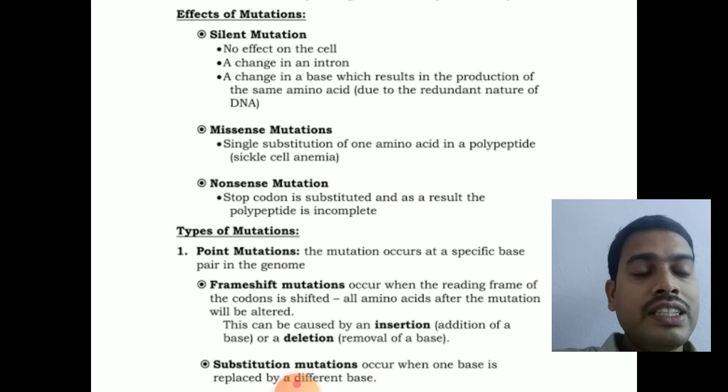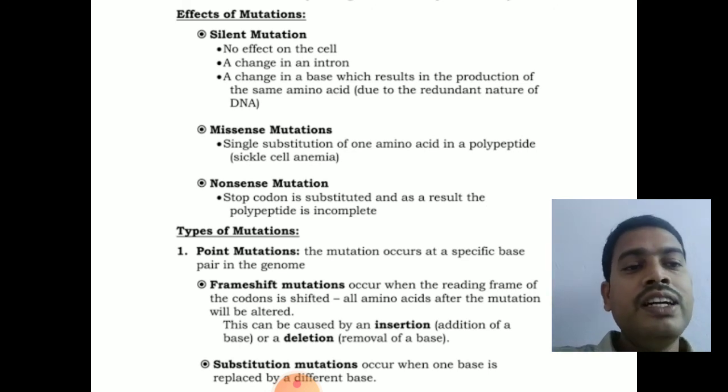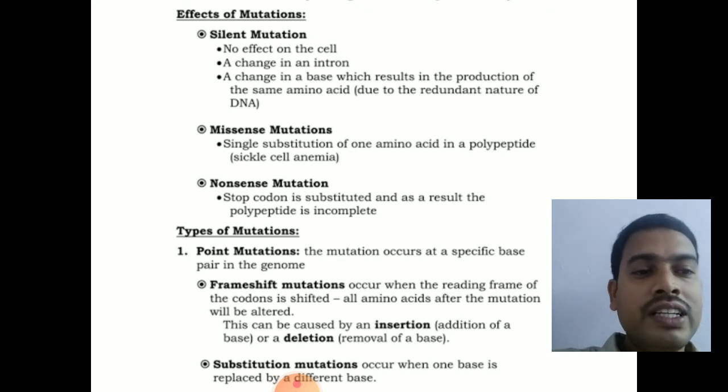For example, if you are synthesizing a peptide of 10 amino acids, 10 times 3, 30 nucleotides should be present. Insertion of another nucleotide means 31 nucleotides, which changes the reading frame and leads to synthesis of a new protein instead of the required protein.